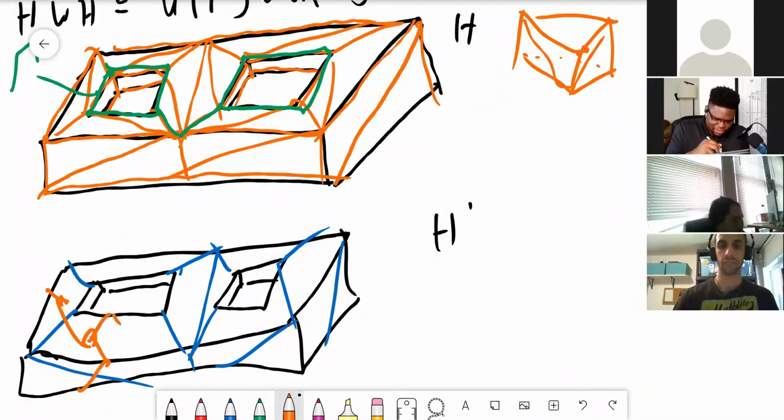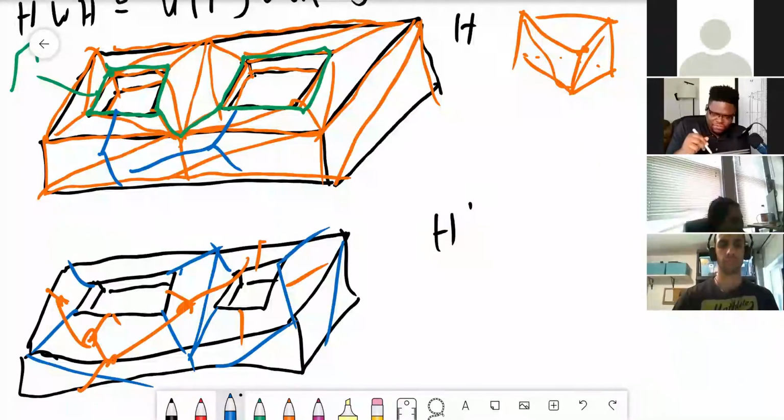I don't know exactly, right? That's just some other thing. Same thing up here, right? And then you just do whatever appropriate refinement you need to make this into a proper triangulation. And that's how you define your tau and tau prime. And it'll satisfy all the conditions.